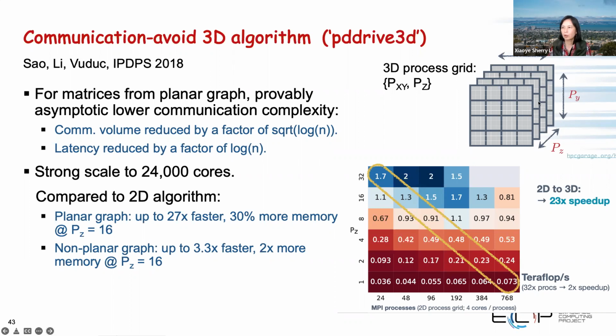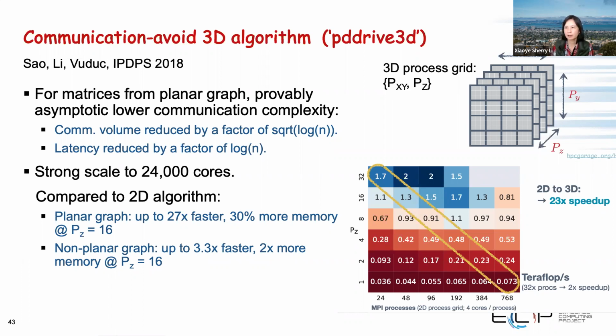So instead of the 2D process grid PX by PY, we add a third dimension, PZ. In the dense case, along this PZ dimension you replicate some of the dense matrices. Using more memory, you communicate less. That's the trade-off between communication and local memory storage. So that's for dense matrix multiplication.